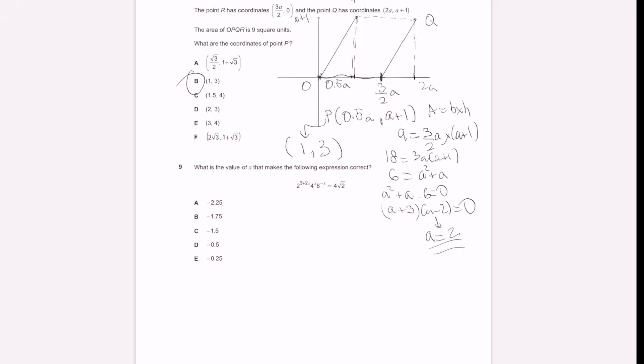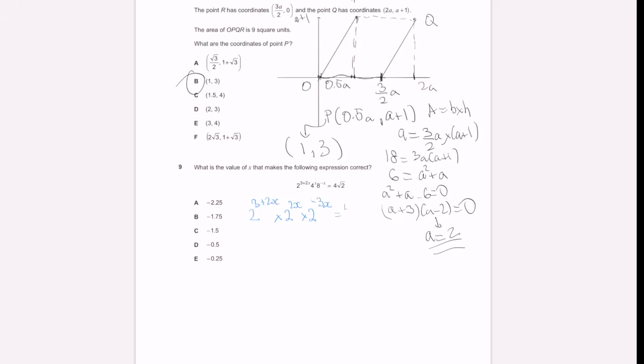So the first one is 2 to the 3, raised to the 2x, then the second factor is going to be 2 squared raised to the x, which is 2 to the 2x, multiplied by 2 cubed raised to the minus x, which is 2 to the minus 3x.